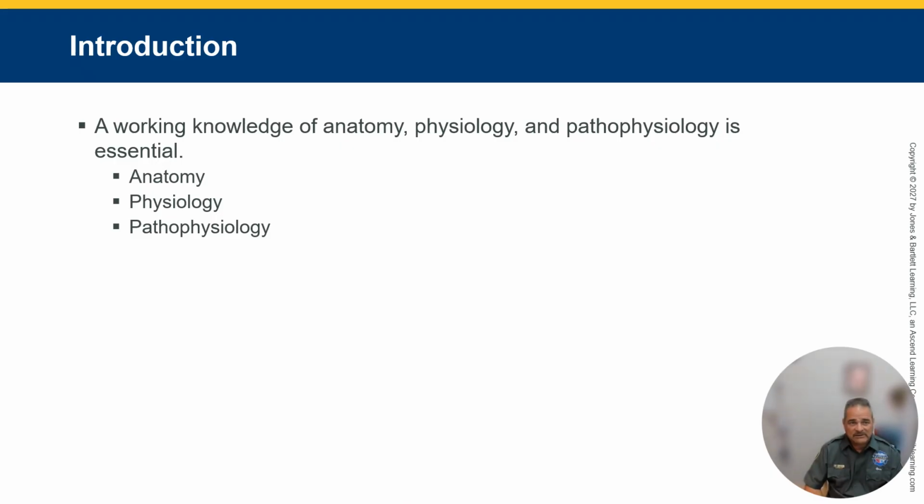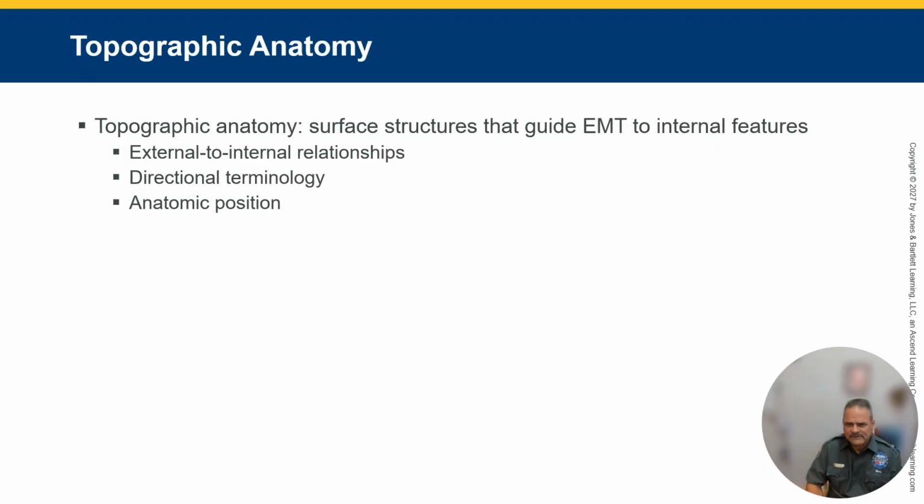So, anatomy, physiology, pathophysiology. If you go into paramedic school, my goodness, we go so much more in depth than when we touch the surface on this one. But let's get started on these three components, okay? All right, so topographic anatomy. Now, you remember that we talked about abduction, adduction, anterior, posterior, ventral versus dorsal, those kinds of things.